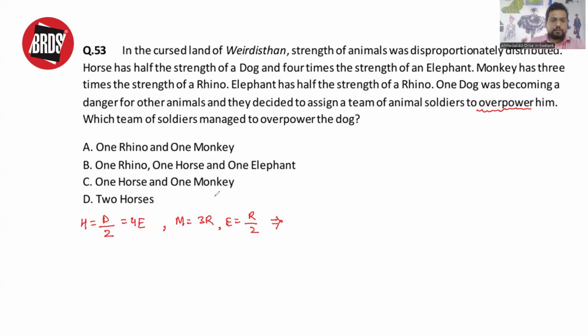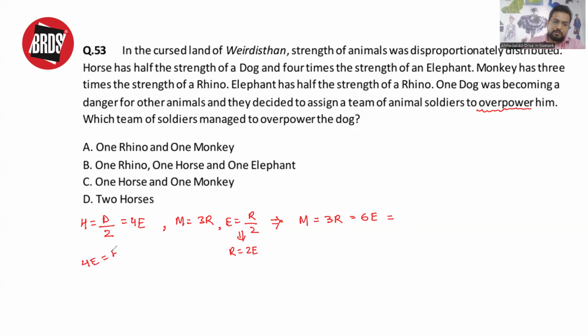Okay, so what I'm going to do, if you look closely, monkey is related to rhino, rhino is related to elephant, and elephant is creating the further equation. So I'm making it like this: monkey equals three times rhino. And from this equation, I can write down rhino equals two times elephant. So that would become three rhinos, that means six elephants. Now, four elephants are one horse.